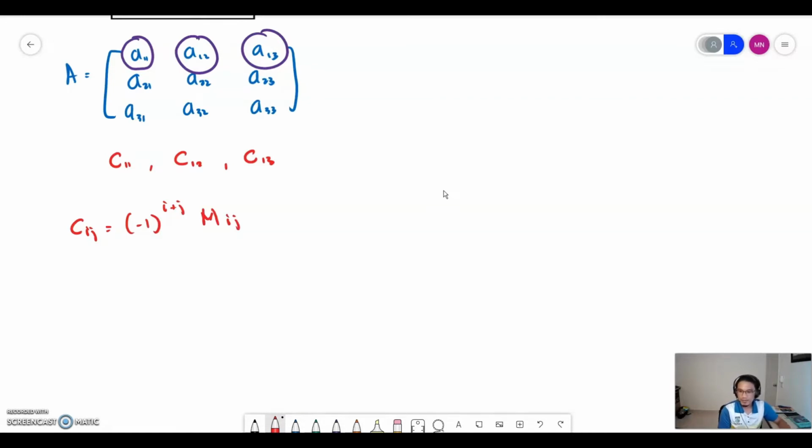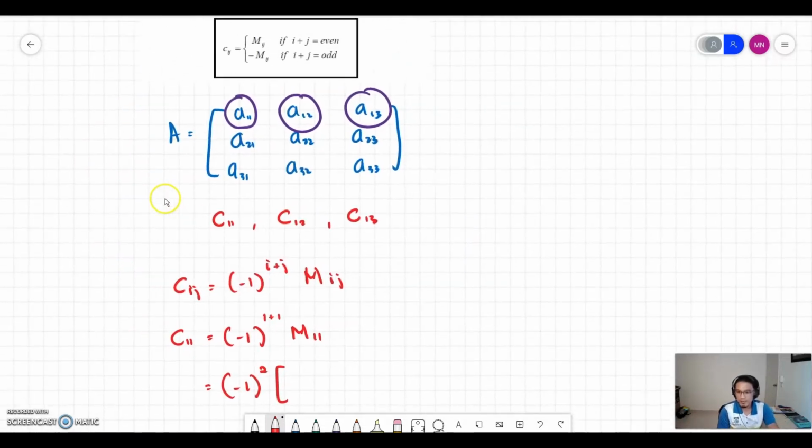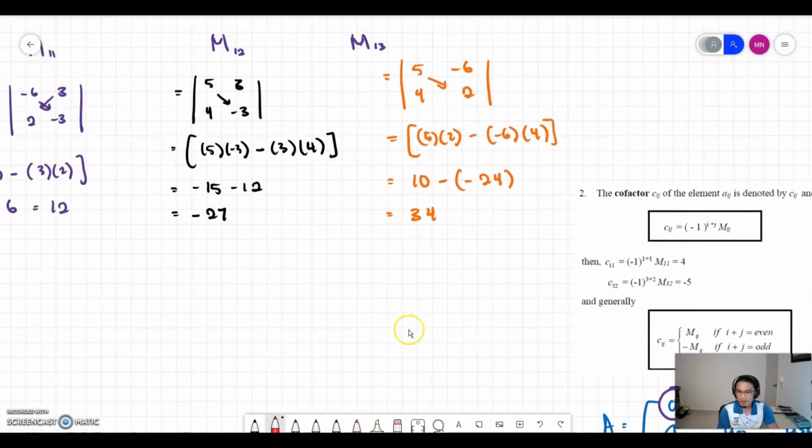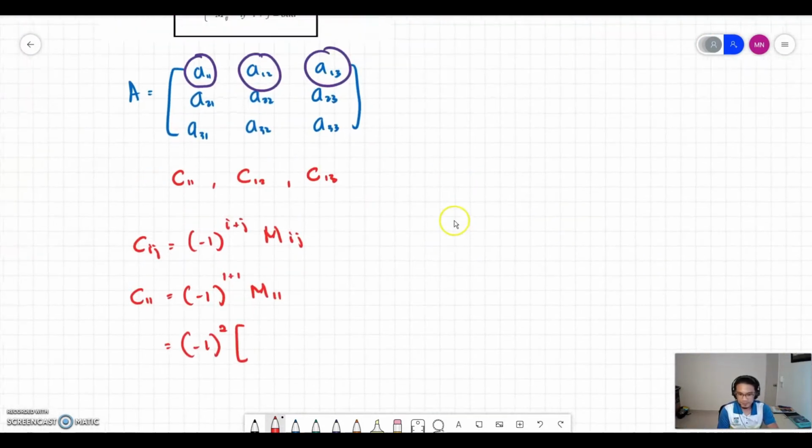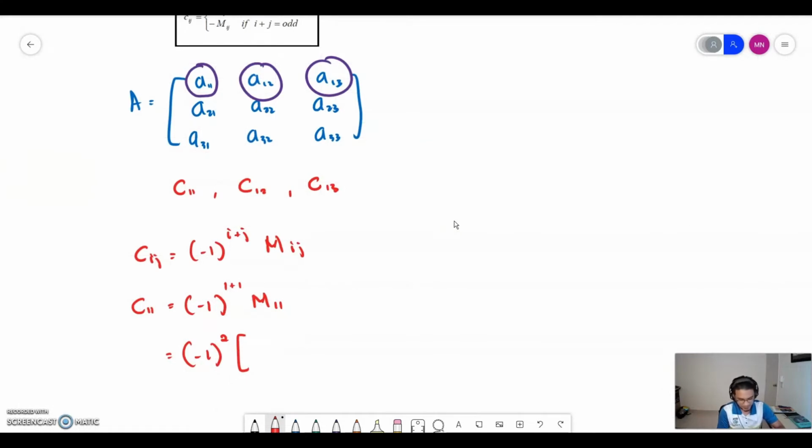So for C11, C11 equals negative 1. Since i is 1 and j is also 1, it will be negative 1 to the power of 1 plus 1, M11. So it will be negative 1 to the power of 2 multiplied with M11. So what is the M11 that we already did? Sorry, I cannot find it from here.